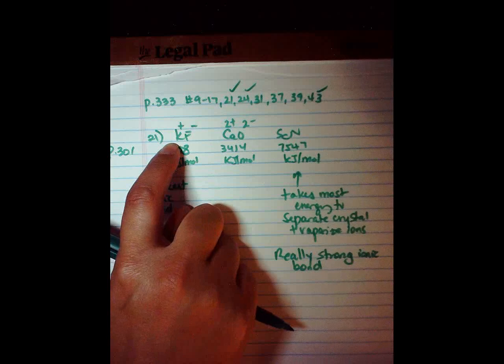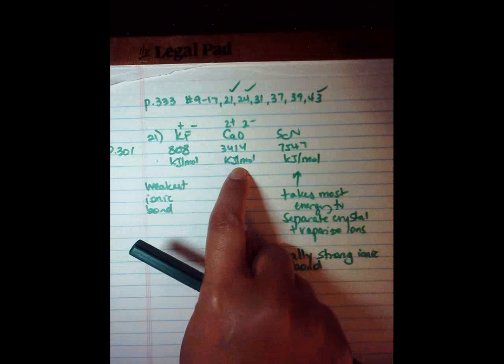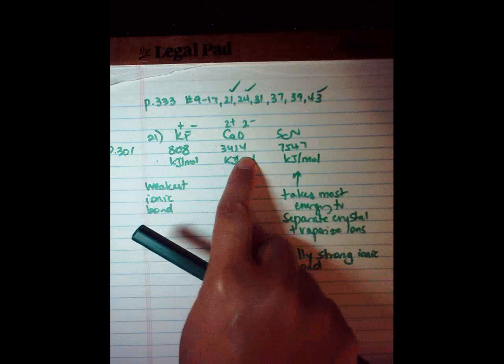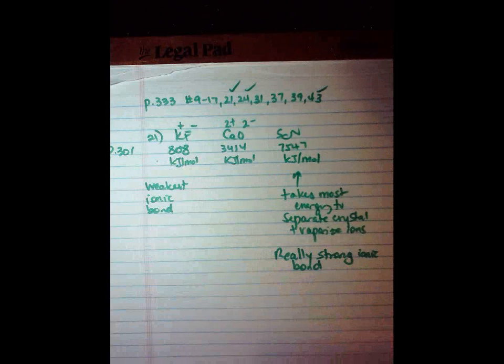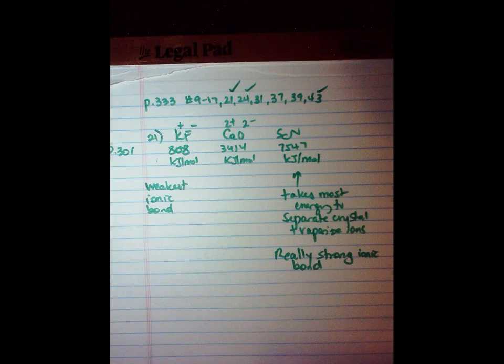How about fluorine and oxygen? Are they pretty much next to each other? All right. So why is calcium oxide stronger than potassium fluoride? It's not radius. It's charges. You've got twice as much charge attracting in calcium and oxygen than you do in potassium and fluorine. So that pattern is easy enough to predict.